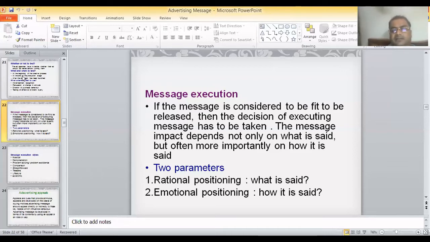So basically, there are two parameters for message execution. One is rational positioning, which is what is said, and the other one is emotional positioning, which is how it is said.